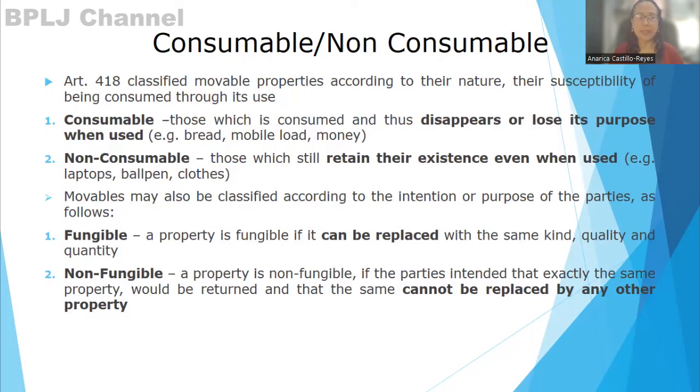In the same manner, a non-fungible property is if the parties intended that exactly the same property would be returned and that the same cannot be replaced by another property. Example would be the Mona Lisa painting, the original one, the authentic one. Okay, if it cannot be replaced by another property. Even if you copy it, it is still not replaceable by another property.